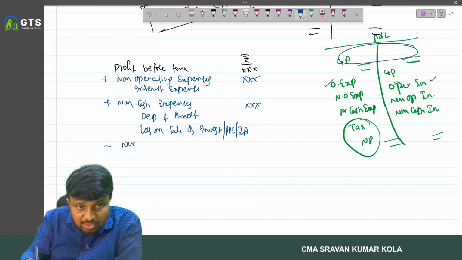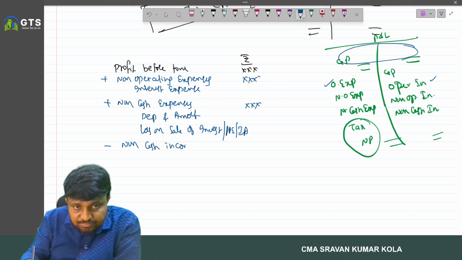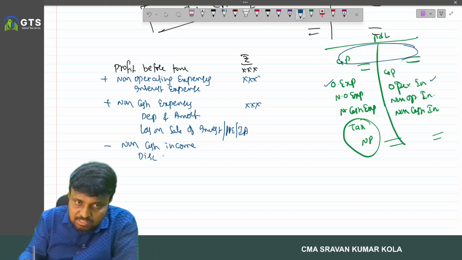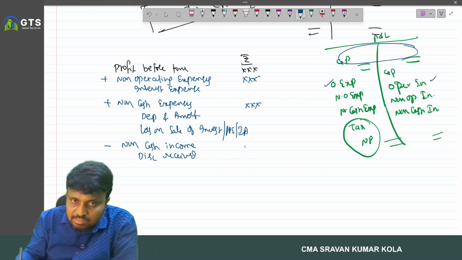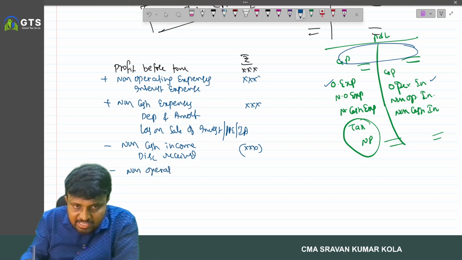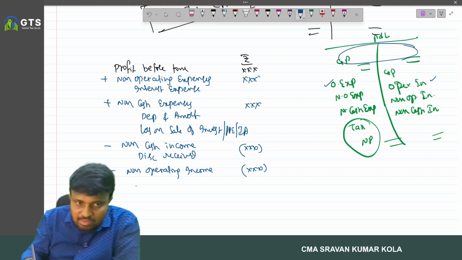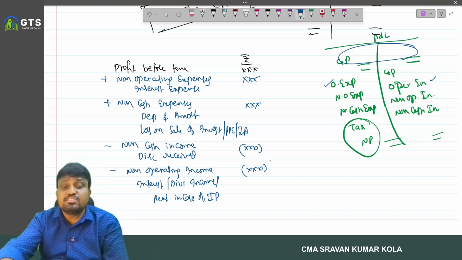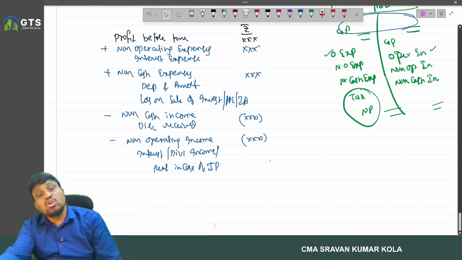And another one, non-cash income, if any, we have to reduce because that was already added, like discount received, and non-operating income. So we have to reduce interest or dividend income or rent in the case of investment property. Rent received in the case of investment property is a non-operating income.